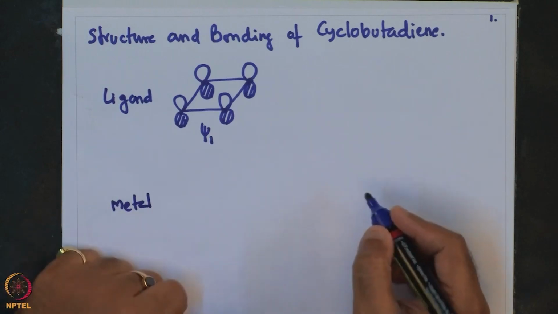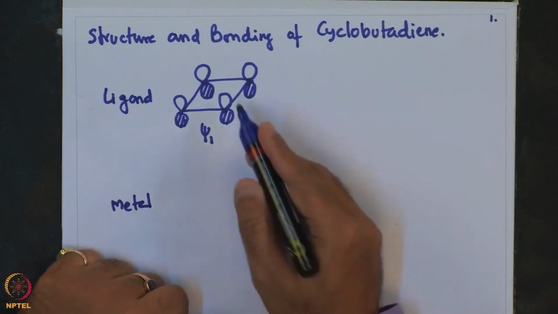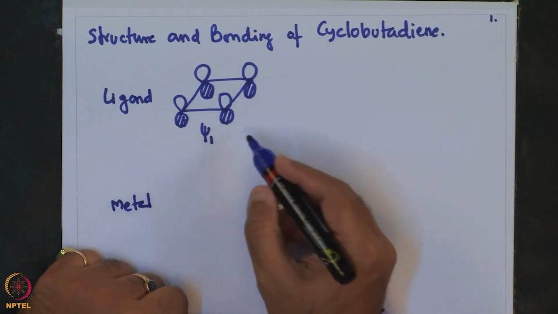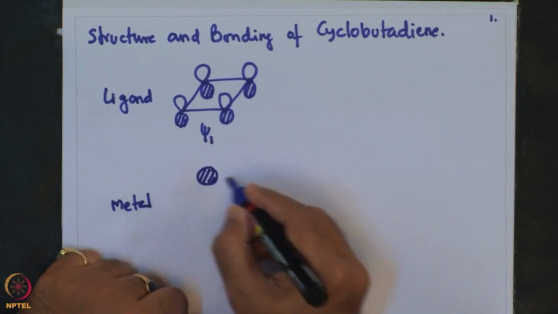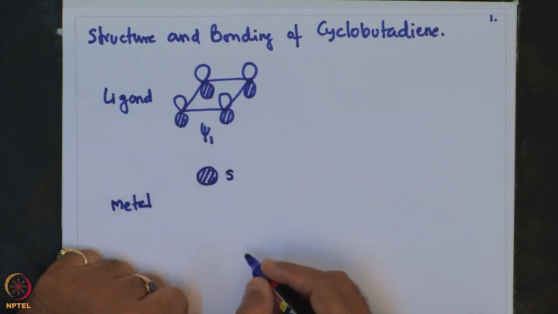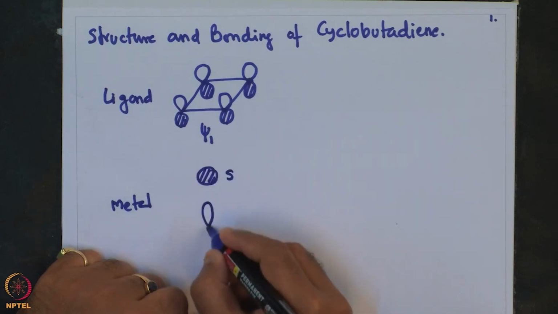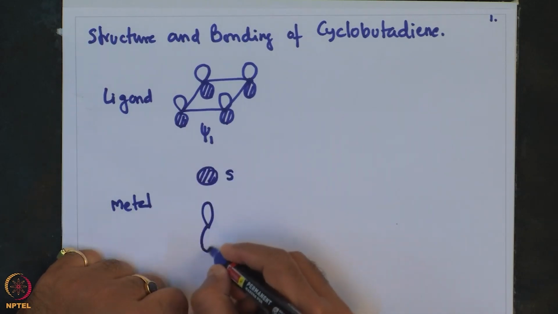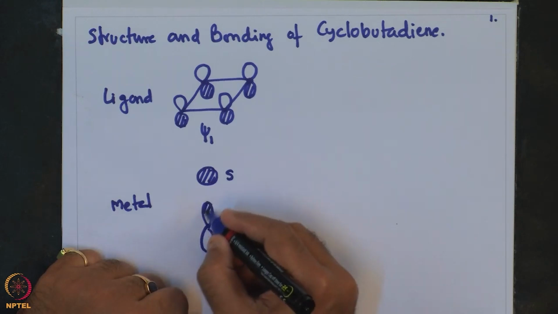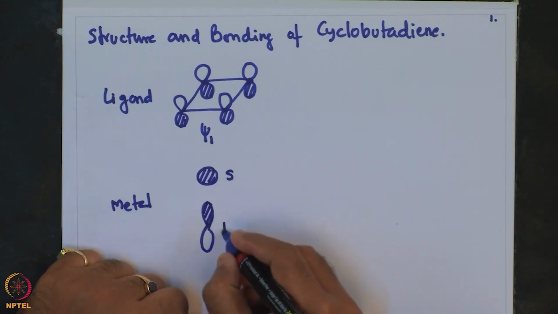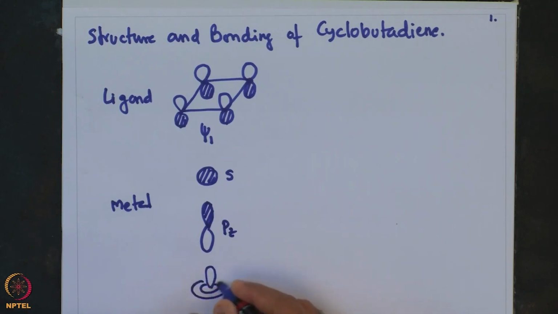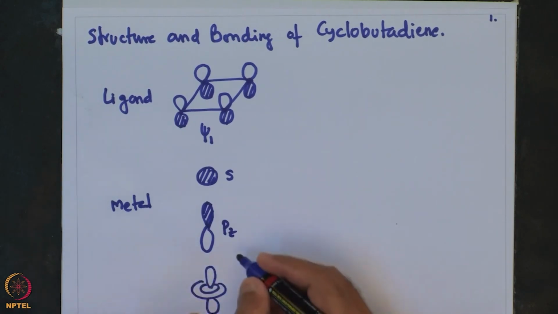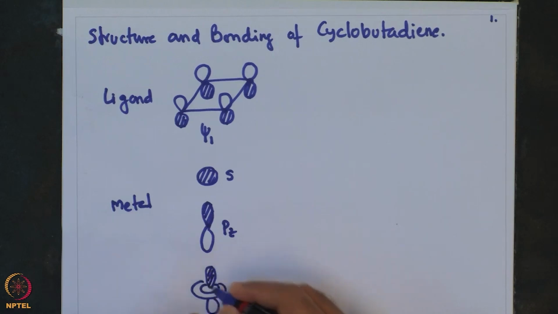that interact with the psi 1 ligand orbital are mainly the s orbital of the metal, or the metal pz orbital, and the metal dz square orbital.